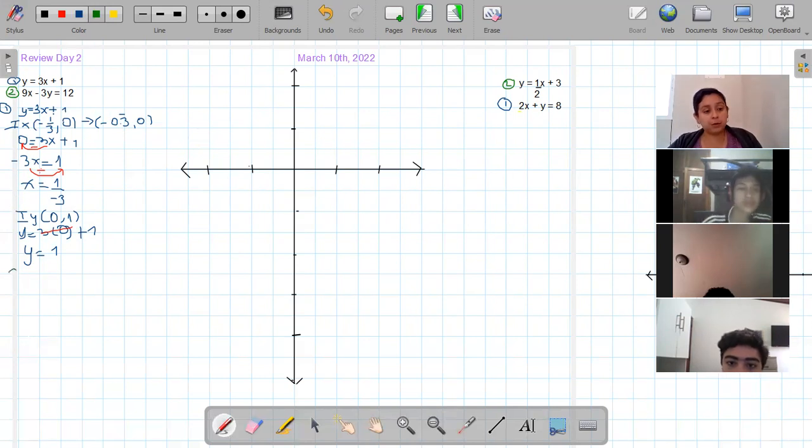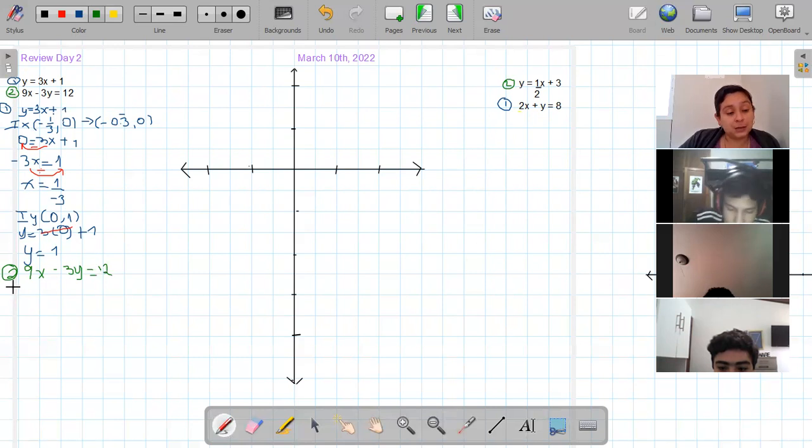Now we're going to work with equation 2. Equation 2 is 9x minus 3y is equal to 12. And we're also going to find the intercepts. So the intercept in x, just exactly the same like we did in the first equation, is when y is equal to 0.